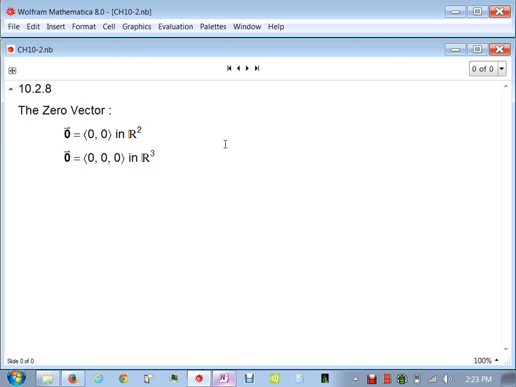It's 0, though. There's a difference between saying 0 and not having length. Well, we haven't talked about how to find the length of a vector yet, but the 0 vector is a vector that has length 0.